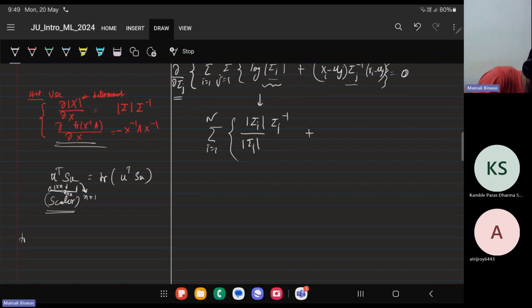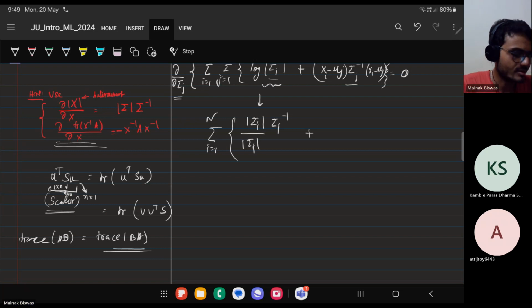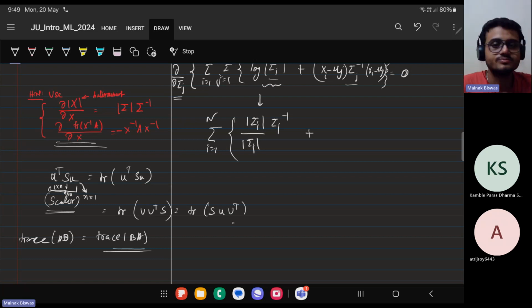So we have shown the trace of AB, one of the identities that I showed, is equal to the trace of BA. A very well-known identity, and we have also shown it. This is nothing but equal to trace of U transpose S, which is also equal to trace of S U transpose. Same thing.